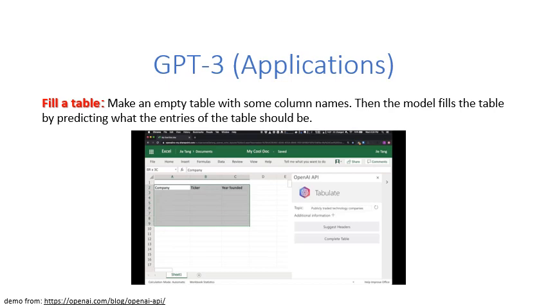You have a spreadsheet with only the titles, and it can guess what you mean by company and put some names of companies here. For year founded, it can add a number, having a sense of what you mean by the title. So it should be a number, and it should be a meaningful number.